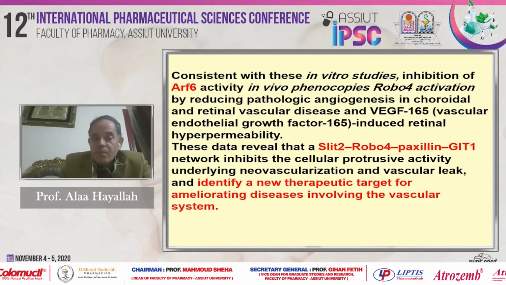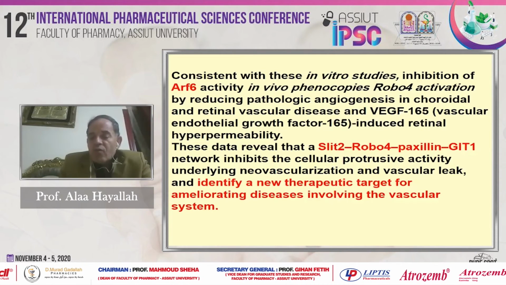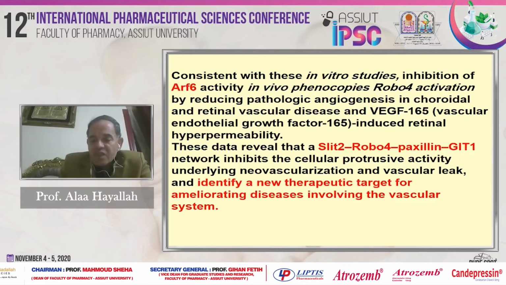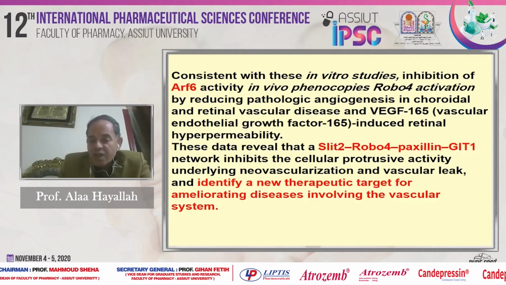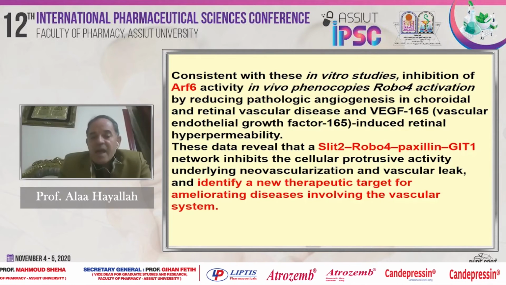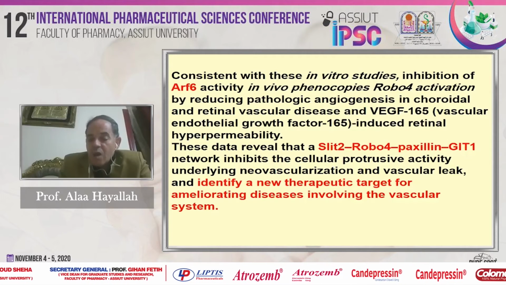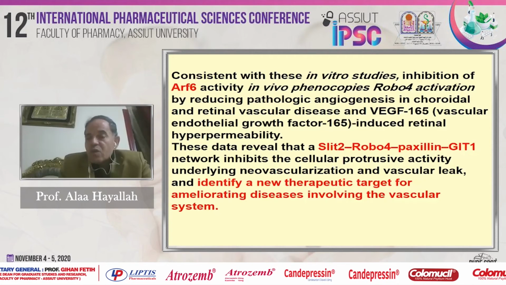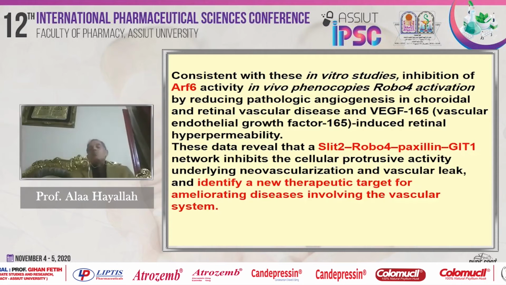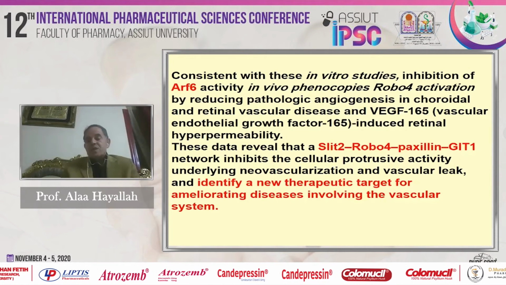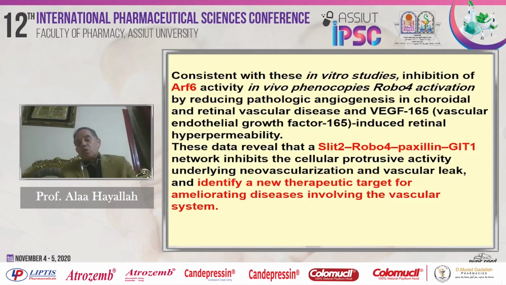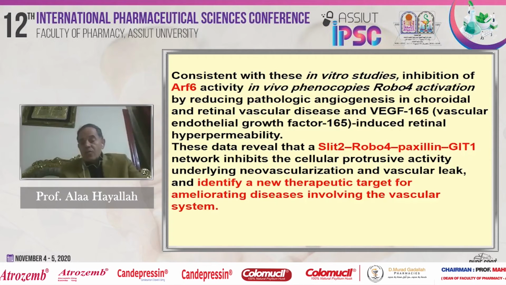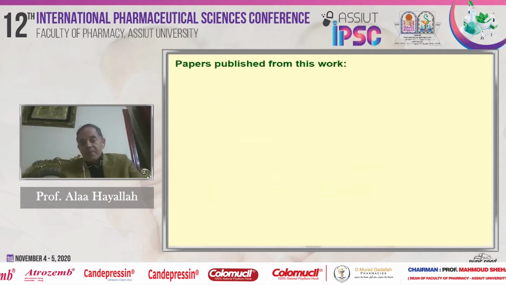These data reveal that the Slit2-ROBO4-Paxillin-GIT1 network inhibits the cellular protrusive activity underlying new vascularization and vascular leak, and identify a new therapeutic target for ameliorating disease involving the vascular system. For the first time, it is proved that Slit2-ROBO4-Paxillin play an important role in this vascular leak or neovascularization of the retinal membrane.